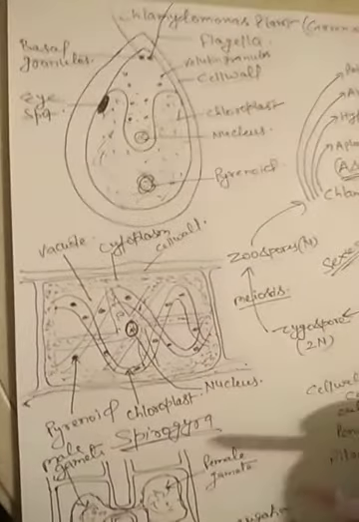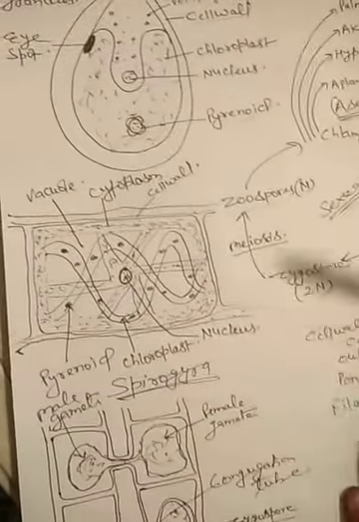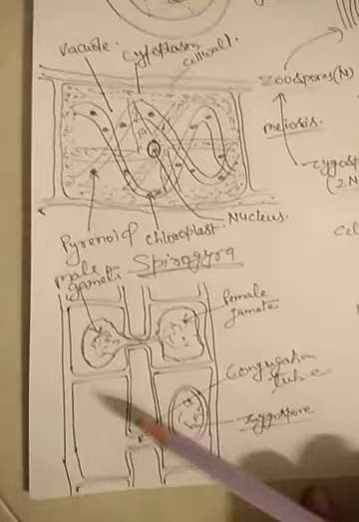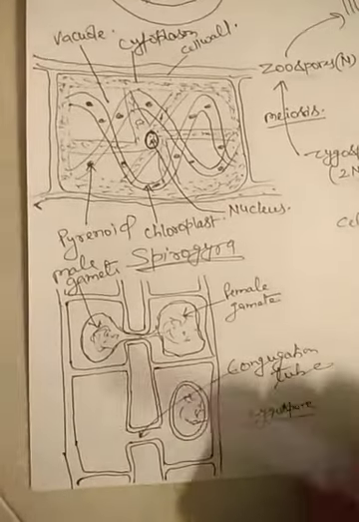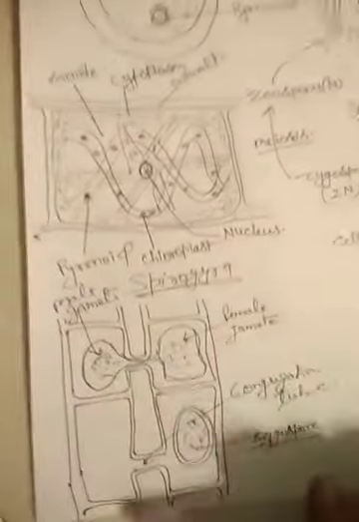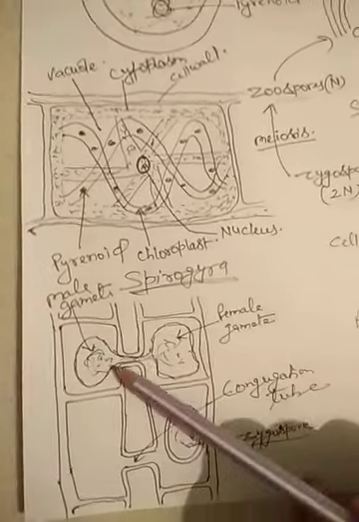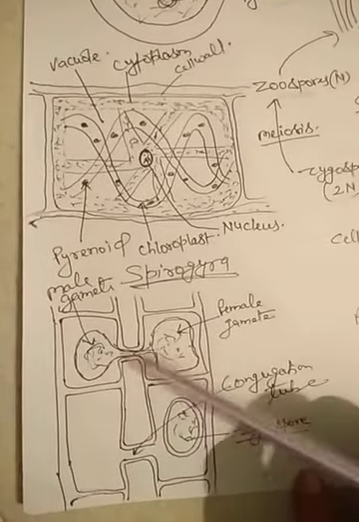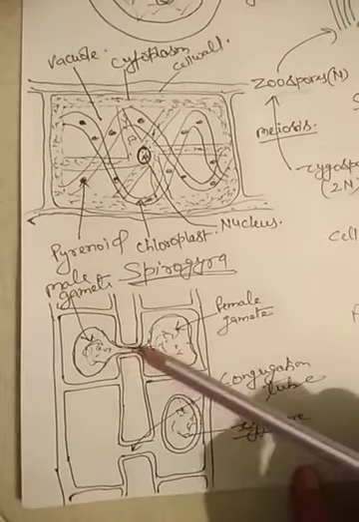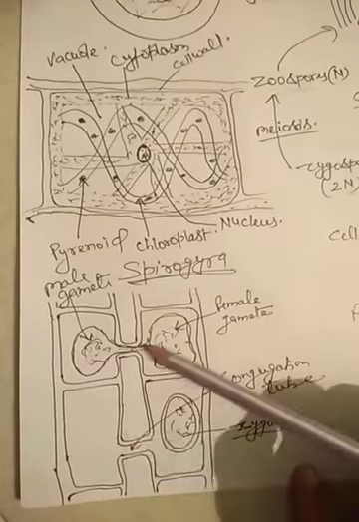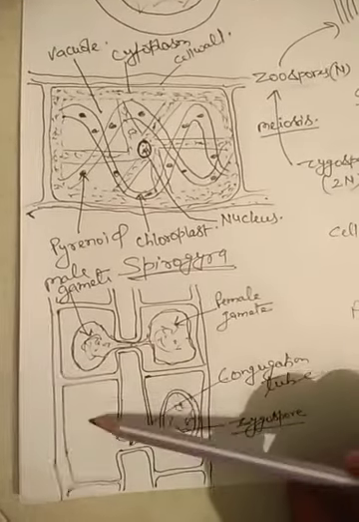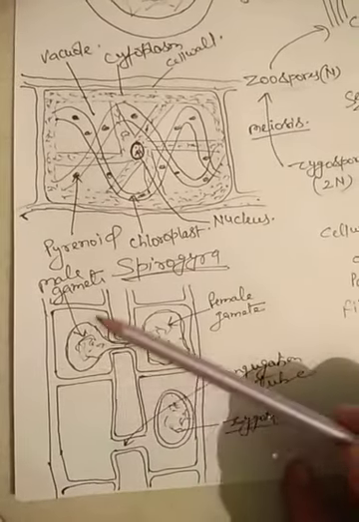Now we will talk about reproduction in Spirogyra. In Spirogyra, sexual reproduction takes place by conjugation. During conjugation, two filaments of different strains come closer, and the cell walls of these two filaments fuse together and form the conjugation tube, and in each cell the gametangia develop.